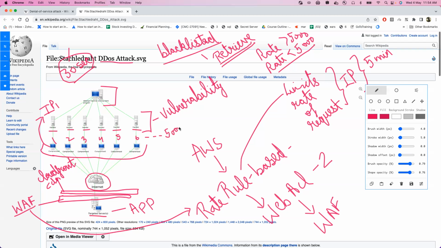What AWS says is that out of these 50,000 attacking, it will be able to block something like 10,000. Now 10,000 itself is a massive number. Don't underestimate this, because this is someone else's computers and network, and they are controlling 10,000 machines just to cause an attack on your machine.